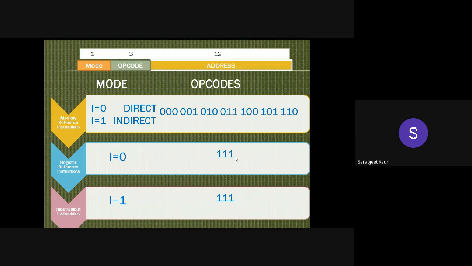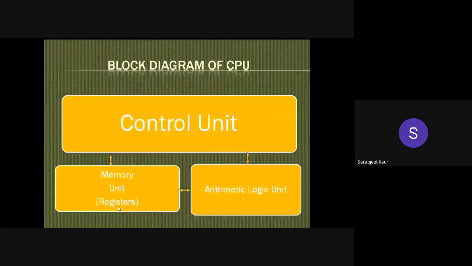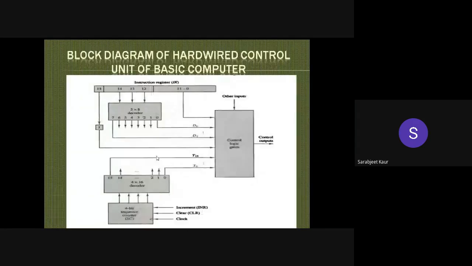So we've reserved a single opcode, 111, for both the register reference and the IO instruction. For the register reference instruction, the mode bit is set to 0, and when the mode bit is set to 1, it implies the IO instructions. Accordingly, the control unit looks at these three bits and the 15th bit from the IR register together to make sense of what kind of instruction this is and what I have to perform.